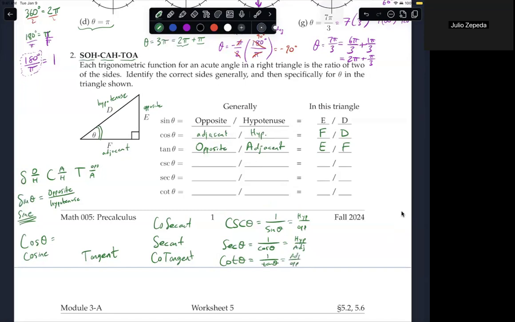And so that would be D divided by E, D divided by F, and F divided by E. I just took these pairs and swapped them. I did the reciprocal of these pairs here. All right, so that's problem number 2. I'll stop the video here and then work on problem number 3 next.